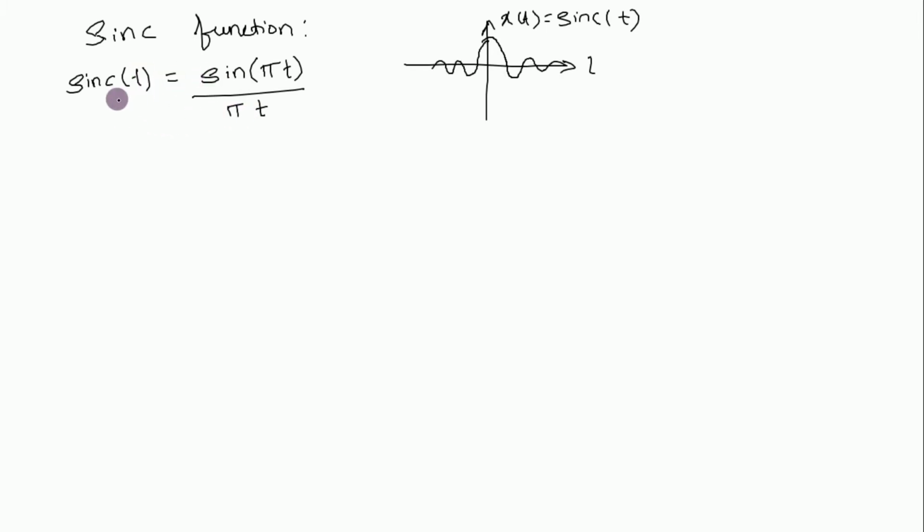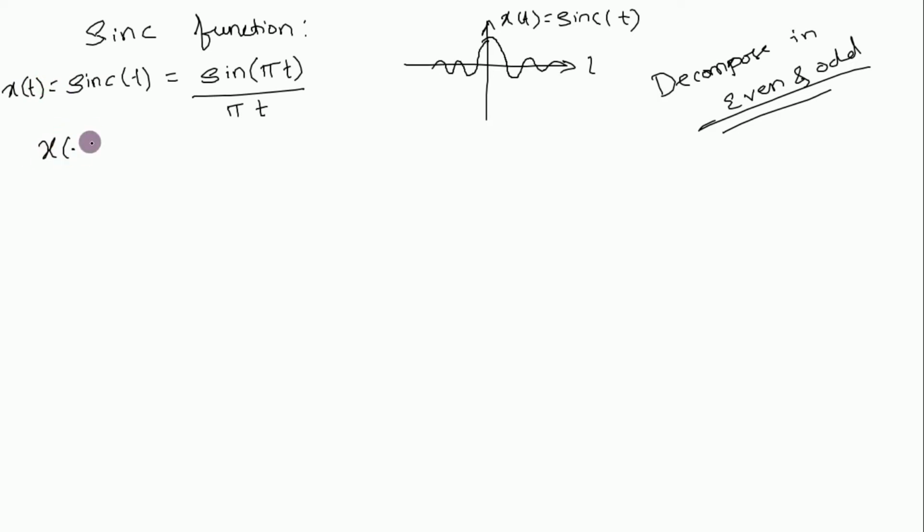Now I want to extract the even and odd signal out of this. So to decompose into even and odd, this is what we are doing now. So if I consider this as x of t, what would be x of minus t? Sinc of minus t. What is sinc of minus t?